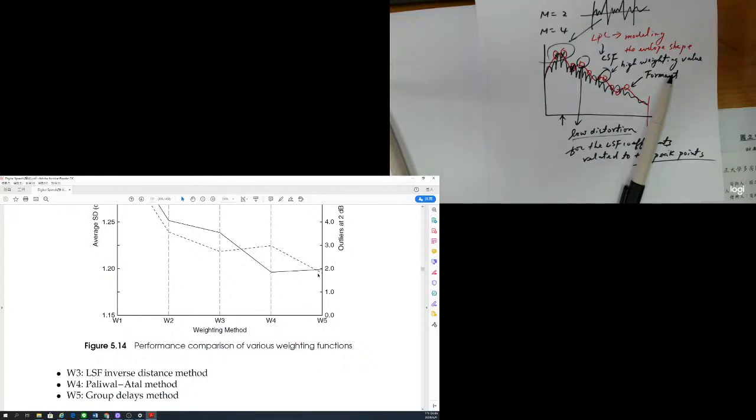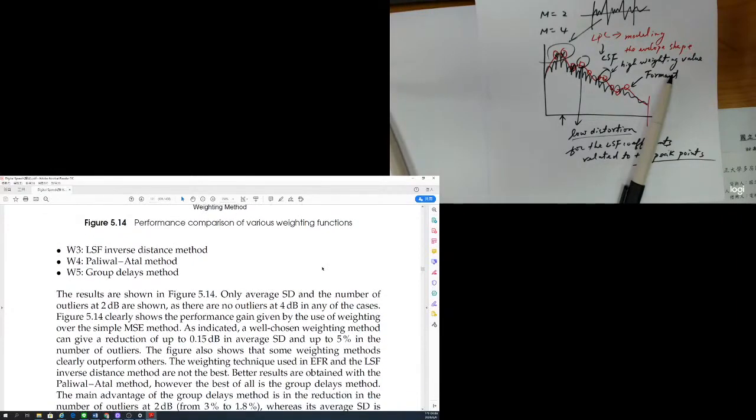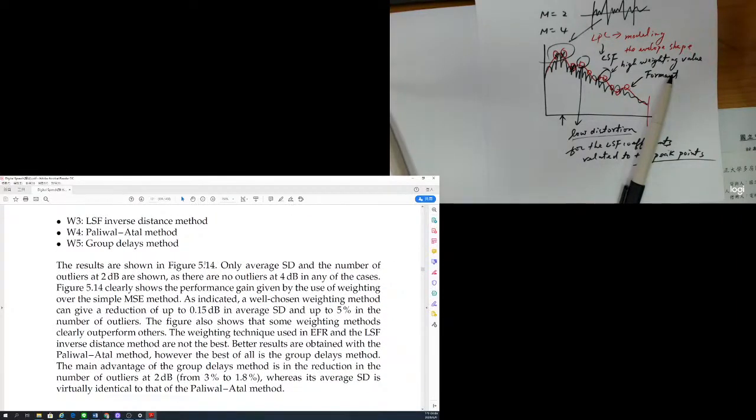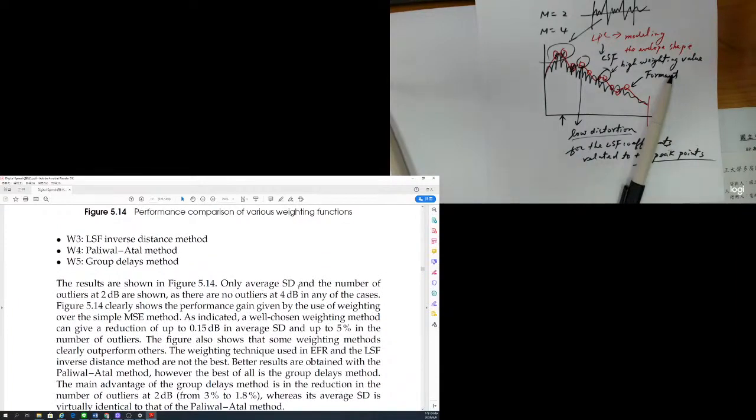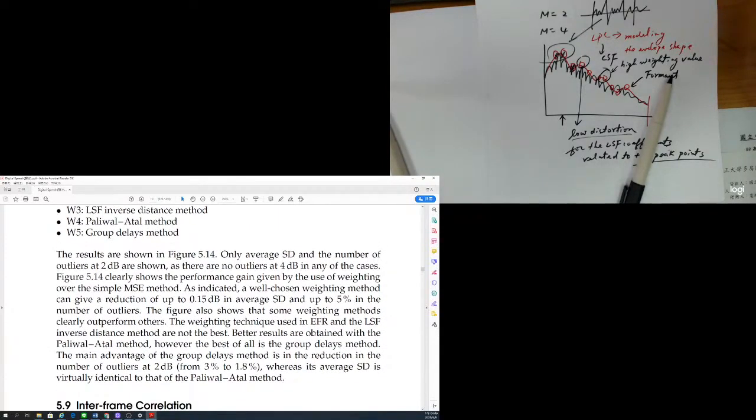If you try some weighting value, the group delay could get a good result. The result is shown in figure 5.14, only the spectrum distortion and number of outliers. Better results can be obtained using a method like the polynomial method, but the best of all is the group delay method. The group delay method will be shown the best.